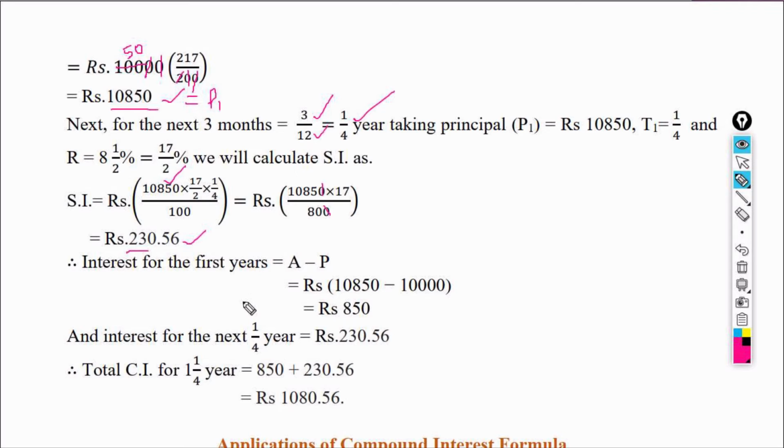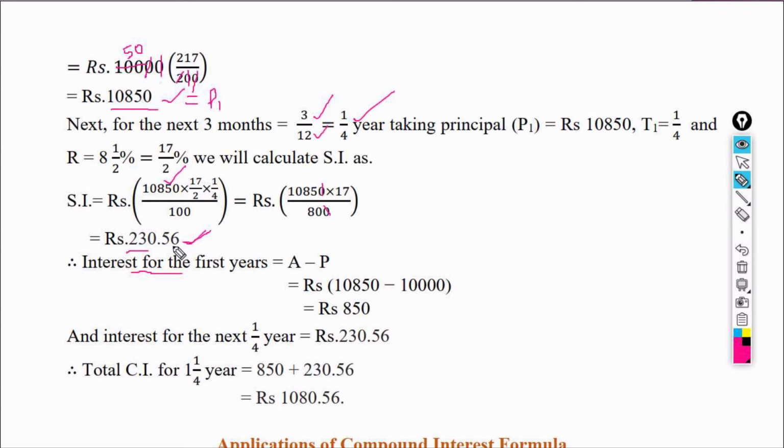Now calculate the compound interest for the first year. For interest you are finding amount minus principal, that is 10,850 minus 10,000, that is rupees 850. Now here you have got simple interest for 3 months, that is 230 and 56 paise.